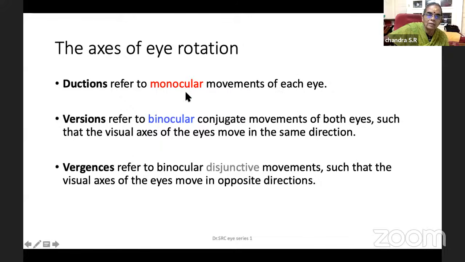Version refers to binocular, conjugate movements of both eyes, such that the visual axes of the eyes move in the same direction. Vergence refers to binocular, disjunctive movements such that the visual axes of the eyes move in opposite directions. We should not have confusion about these words when we go to abnormal movements and describe them. That is why I am elaborating this and repeating.